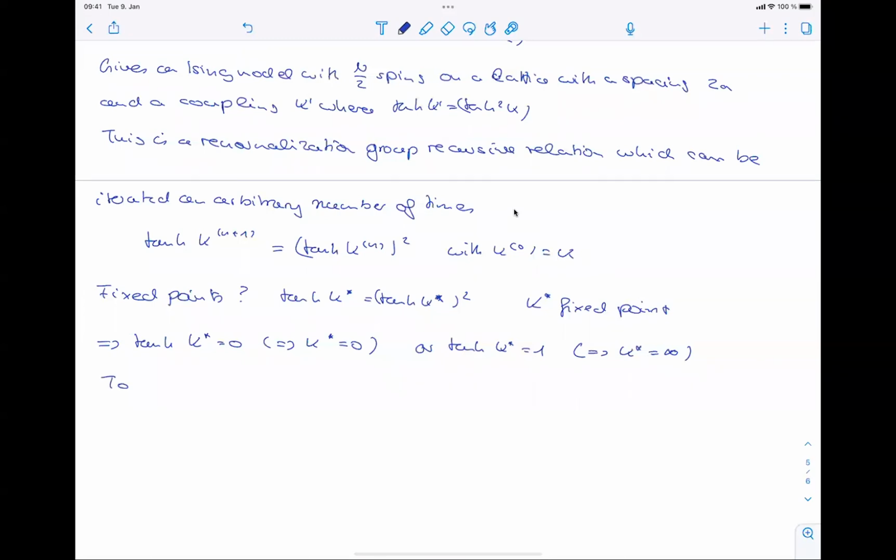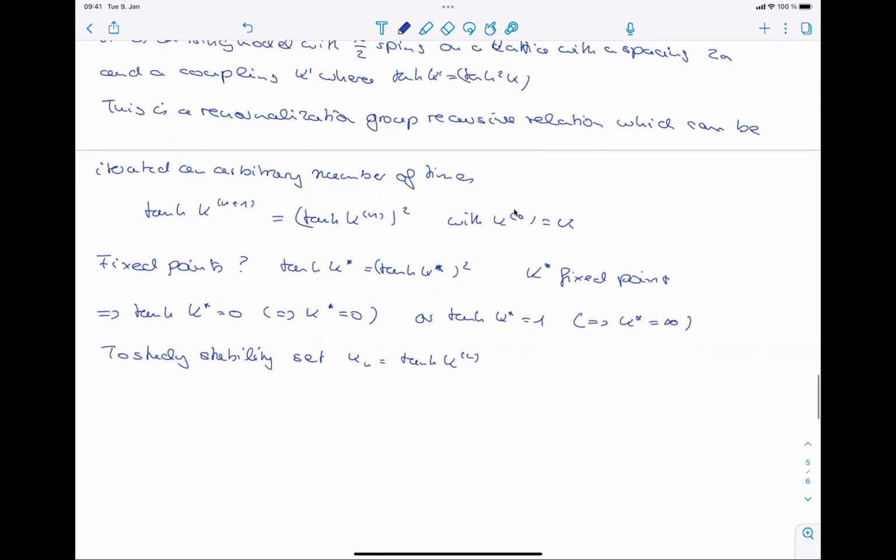So we need to study stability by looking at the kappa_n. Sorry, this is meant to be a small, let me make it a visible kappa. Okay, kappa.